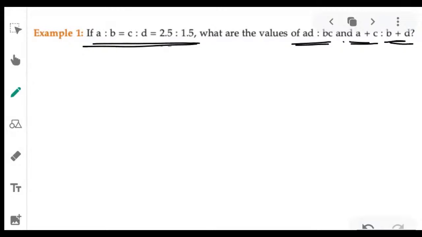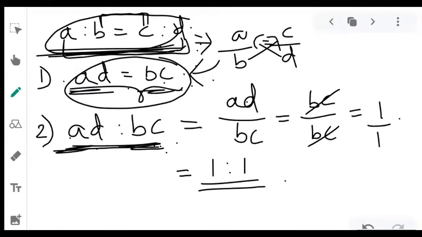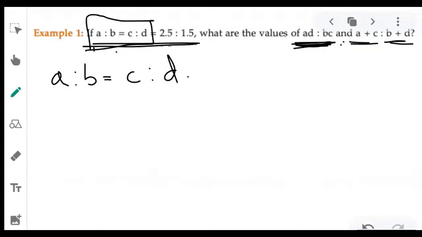So first one you have AD is to BC. I need only these both small parts. So if A is to B equals C is to D, what is the value of AD is to BC? We have seen earlier. What is AD is to BC? 1 is to 1, right?